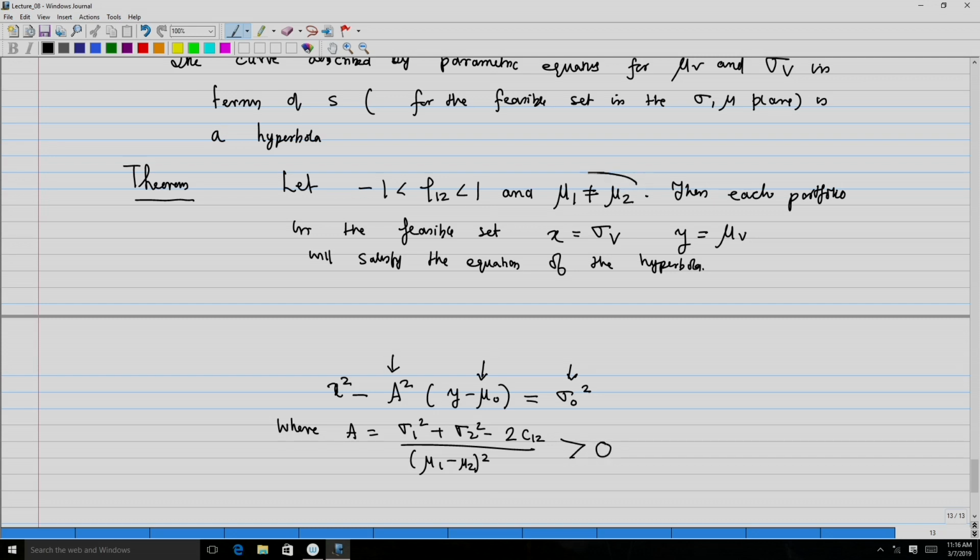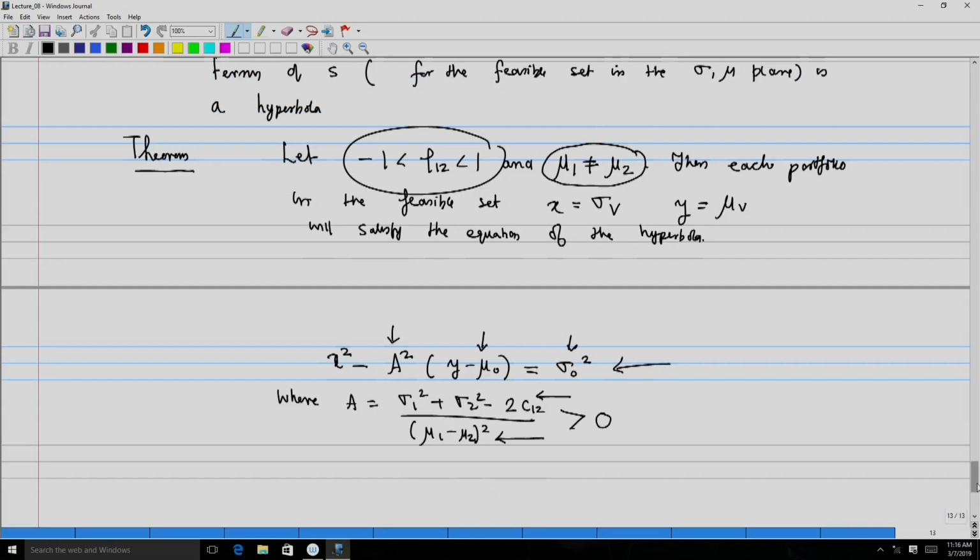So, I needed the condition that mu 1 not equal to mu 2 because of the denominator here, and I needed this condition for this numerator here, so that I end up getting A to be a positive number, so that I can look at this as a hyperbola.